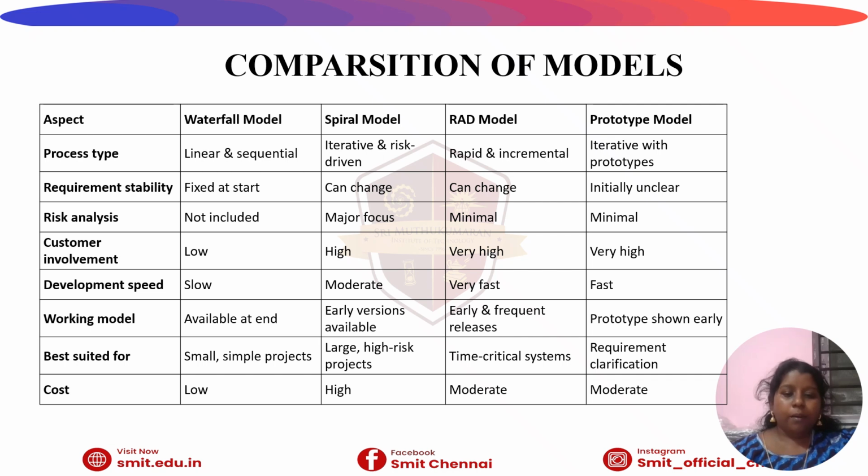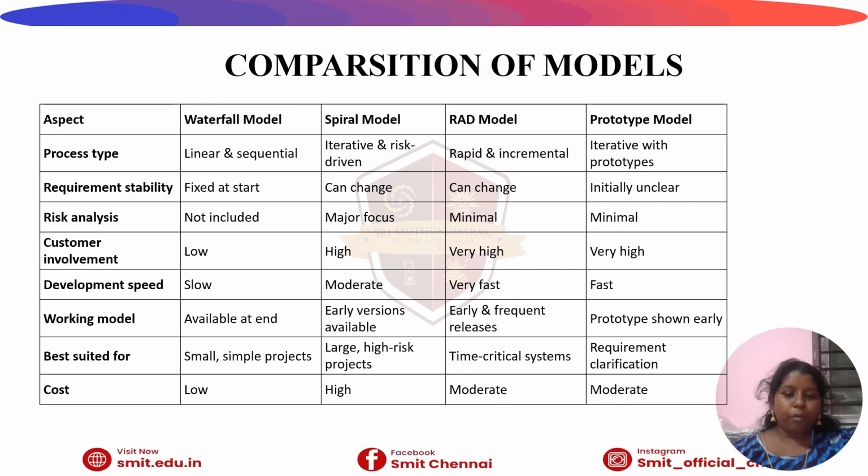Working model: in the waterfall model, the working model is available at the end. In the spiral model, early versions are available. In the RAD model, there are early and frequent releases, and in the prototype model, prototypes are shown early to the customer.